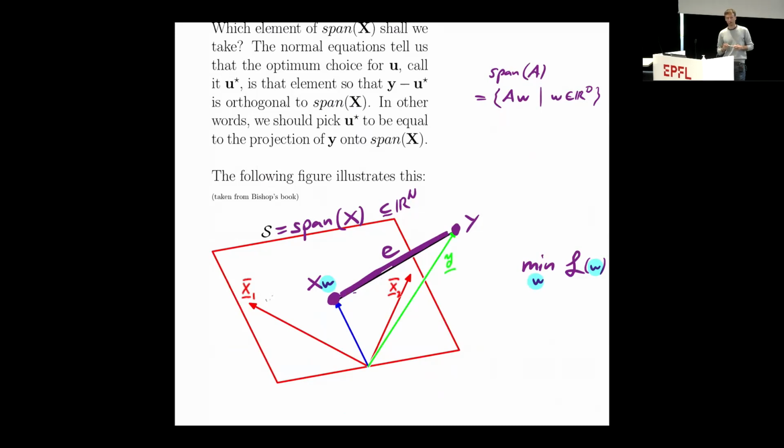Exactly. So L of W is the norm of the E vector. Remember this from the slide just before. It's just the squared norm of E. That was by definition.